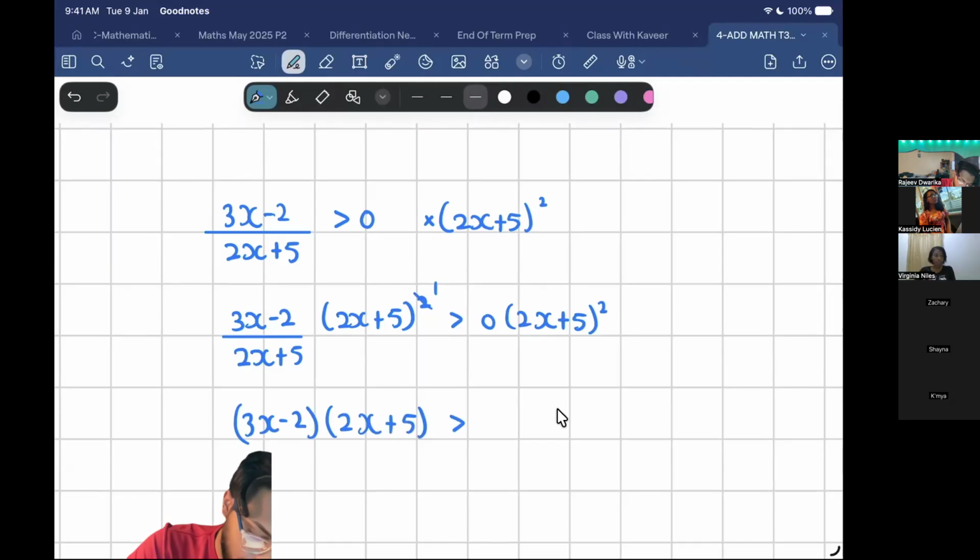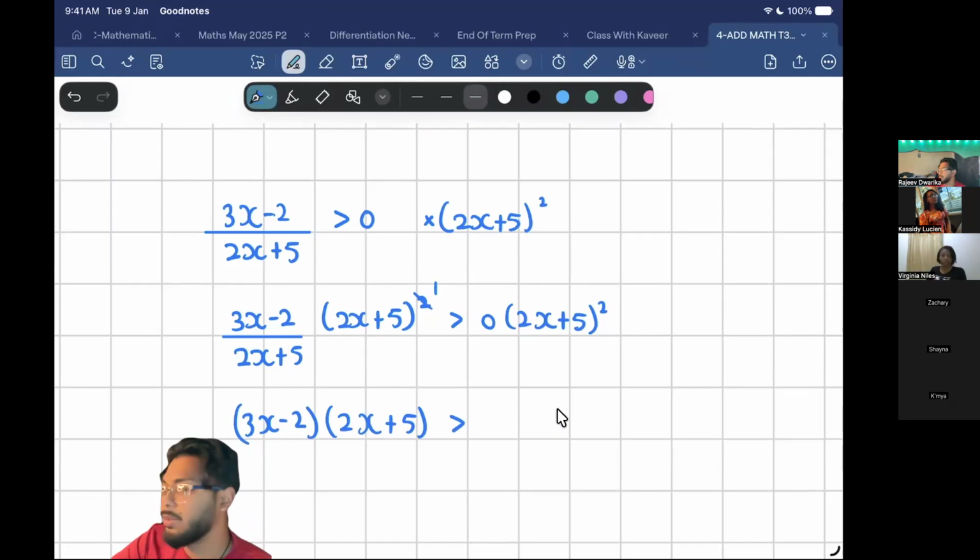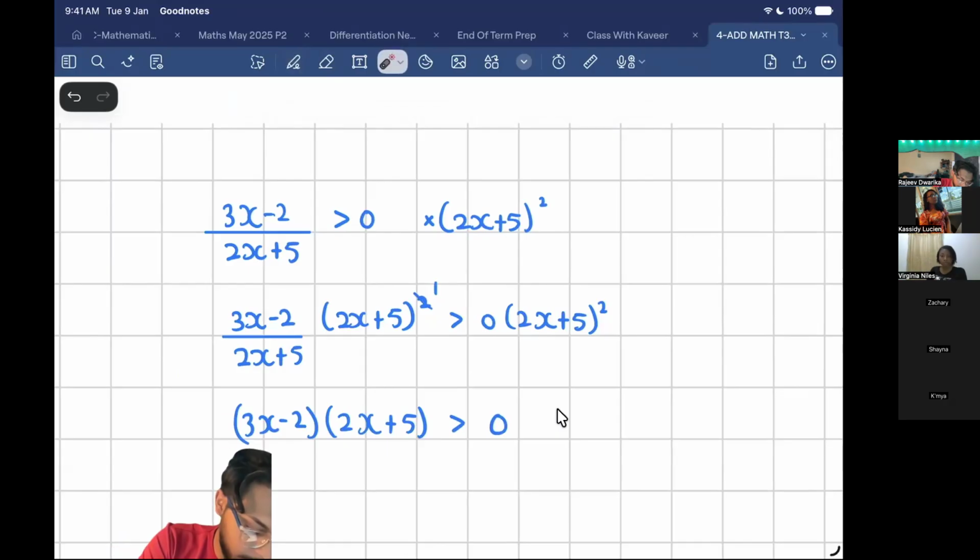And anything times 0 is what? 0. Exactly. You all should be thinking to yourselves, if I expand that, what would that be? A quadratic.